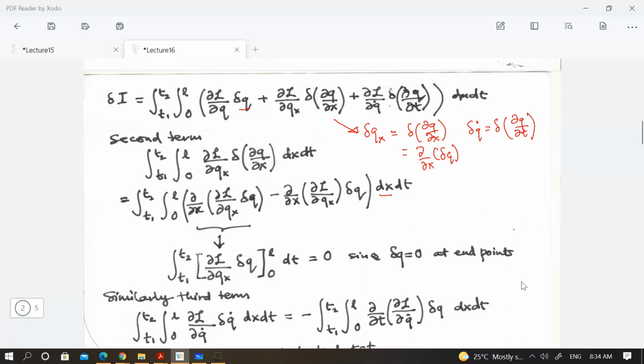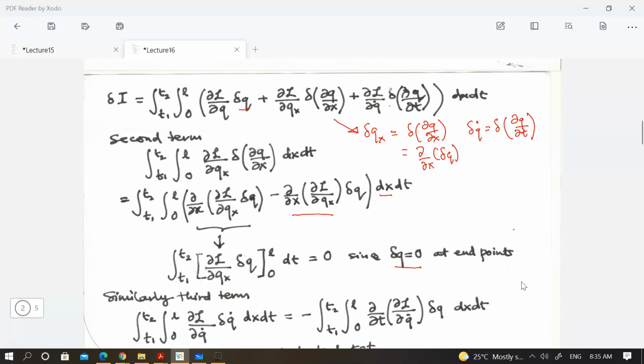Since the endpoint is fixed, there's no motion at the endpoints, so delta Q equals 0. When you evaluate this, you find that at these endpoints, this is just 0. So you remove this boundary term totally, and then you're left with this thing.